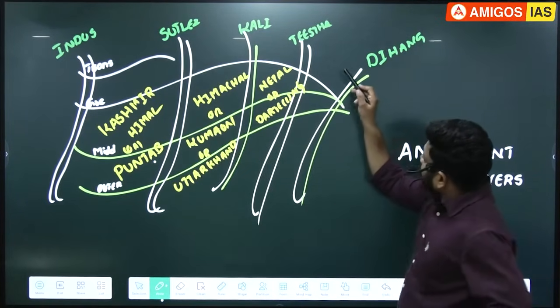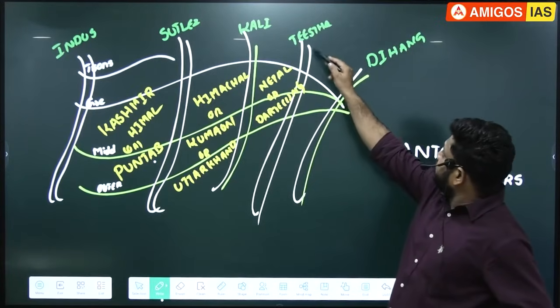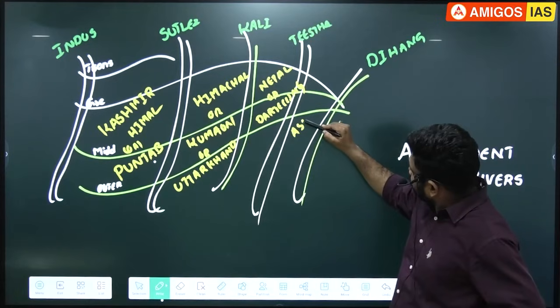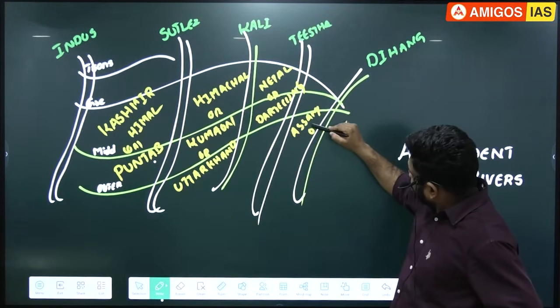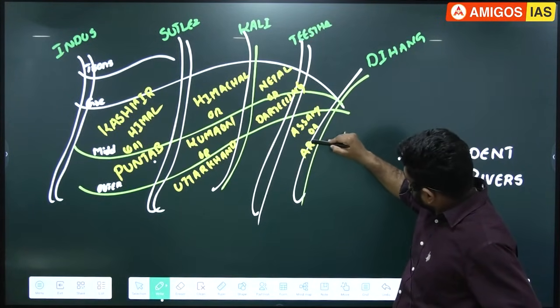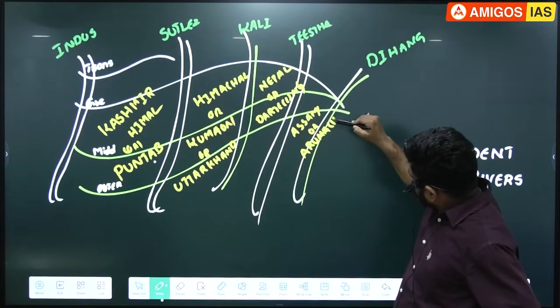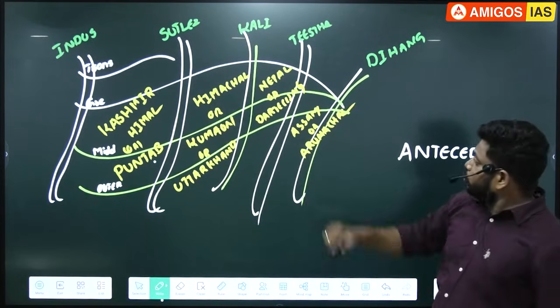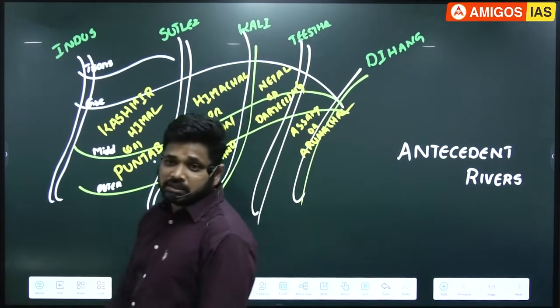Okay. And last one, the Himalayas which are present between Teesta and Dihang. These Himalayas are called Assam Himalayas or Arunachal Himalayas.